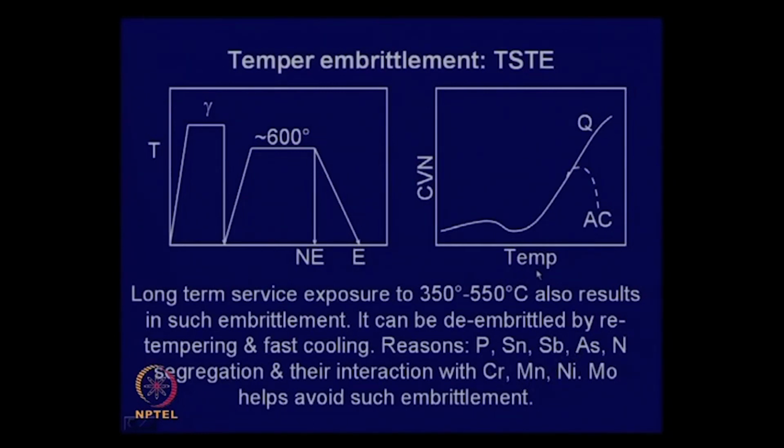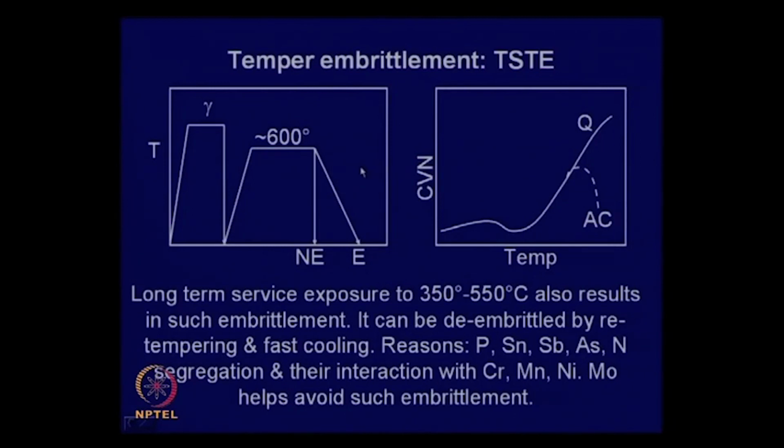But if you heat it again to this temperature range, 500, 550 degree centigrade, and hold it, then you will find it has become embrittled. In fact, many of these power plant steels are used in the hardened and tempered condition, and they are kept for very long durations at around 550 degree centigrade.